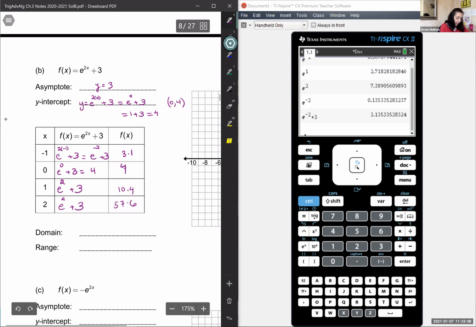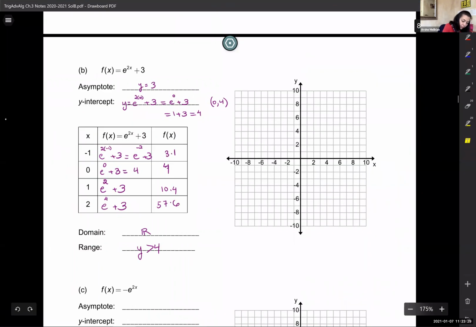Okay. So now the domain is all real numbers. And what do you guys think the range is? Is it greater than, less than, what? Greater than what? Greater than 4. Why greater than 4? Because that's what my asymptote is. All right, so asymptote is y equals 4.